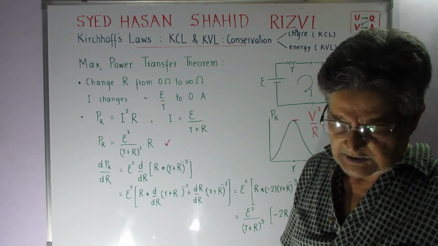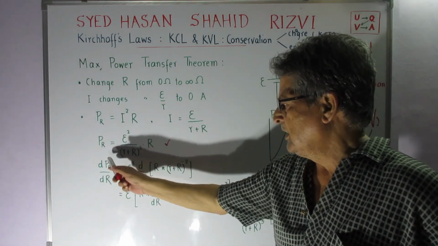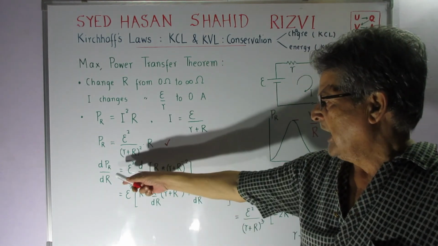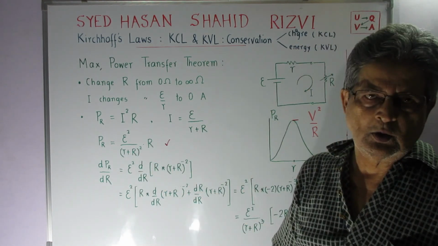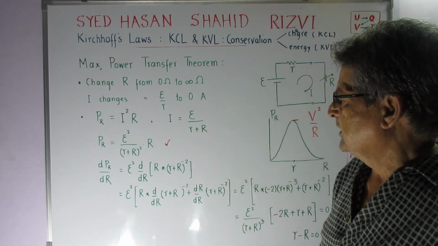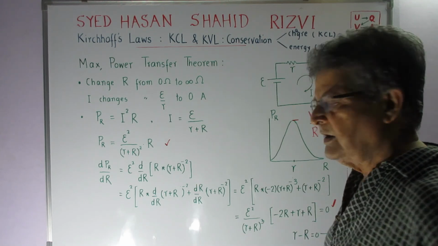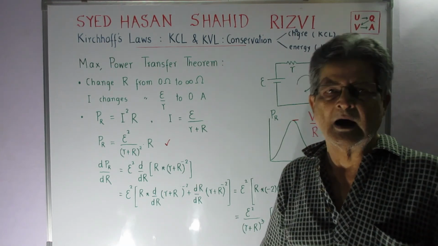No, that's not the condition. The derivative of power with respect to R, dP by dR, that should be equal to 0. That is the condition. You may get the result for a specific condition, but actually this is the way that it should be done and understood properly.